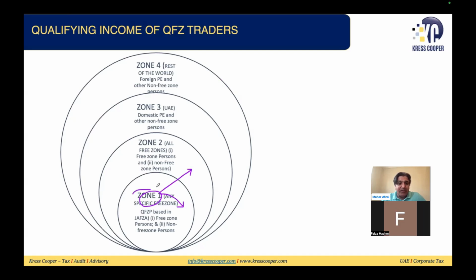So if the trader is based here in the free zone, and is selling goods to the same free zone person or another free zone person.